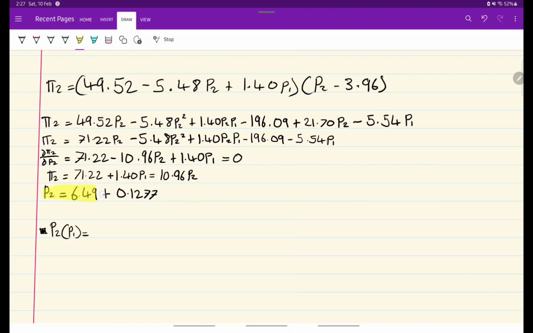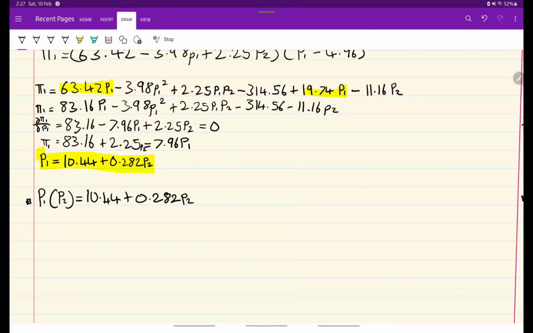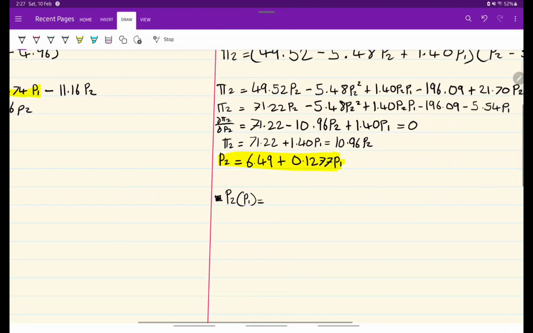And you have your best reaction function. And chuck in a P1 on the end of that so that you can solve it. And going back over here, I'll finish it off.